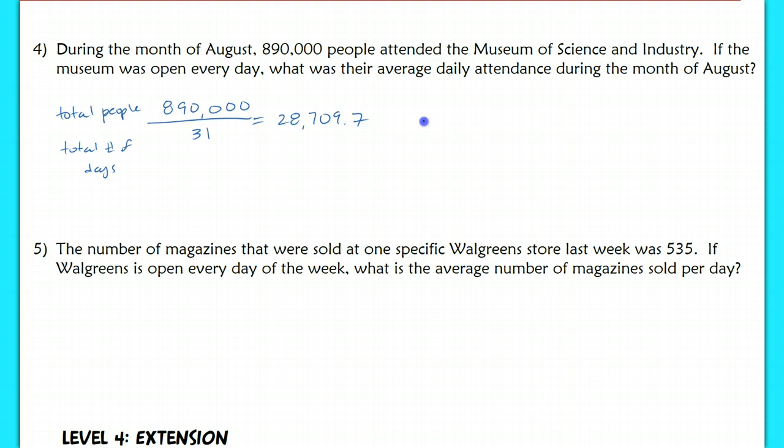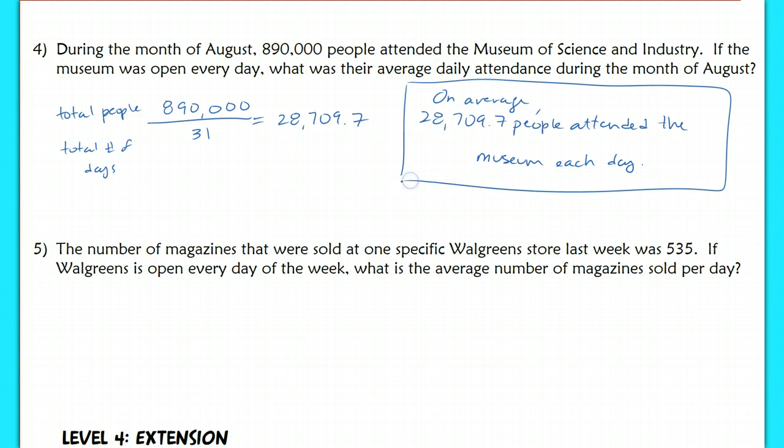So that means that 28,709.7 people attended the museum each day. And somewhere in that sentence I want to stick the fact that that's on average. Okay, so on average 28,709 people attended the museum each day.